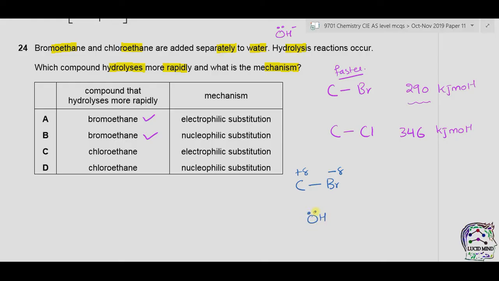Now OH negative will attack this partial positive carbon and this bond will be broken. The new product formed has OH and Br is removed in the form of a negative ion. As a nucleophile is involved, this is a nucleophilic substitution reaction. The answer is therefore B.